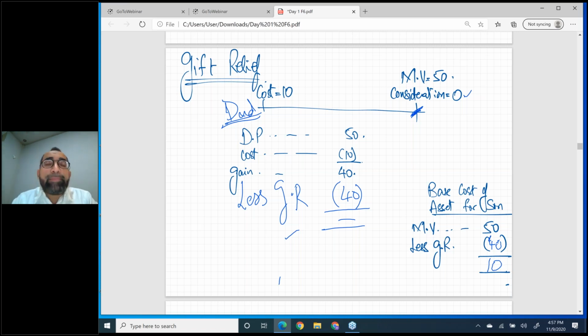In this case, you have to calculate the gift element. 50 is the market value and the consideration is 35, so automatically the gift element will be 15. And in that case, your gift relief will be restricted to the amount of the gift, that is 15. This I'll be discussing in the question. Let me come to the question, I'll discuss this case with you, don't worry.